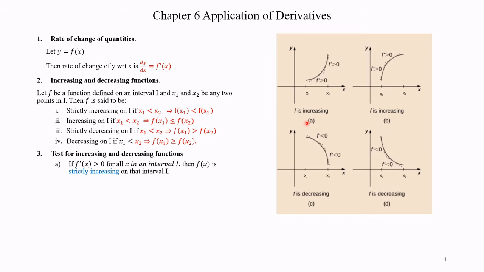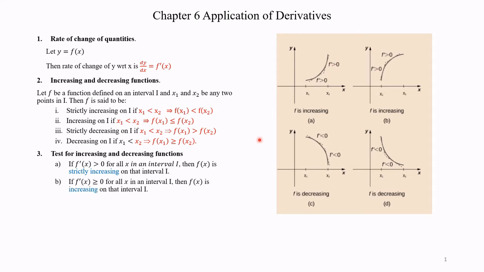In figure A, you can see the curve f of x is increasing. x1 and x2 are the 2 points on the x-axis and y is the vertical axis. Here f of x is increasing on I and f dash x is greater than 0. So, when f dash x is greater than 0 for all x in the interval I, then f of x is strictly increasing on that interval.